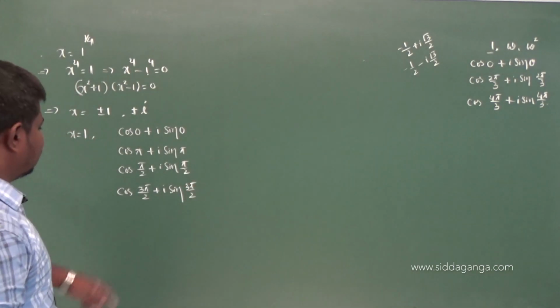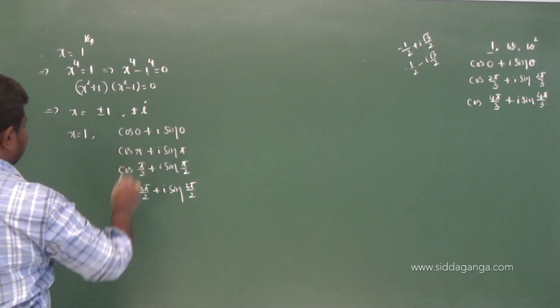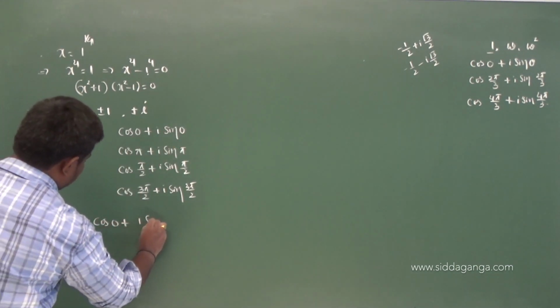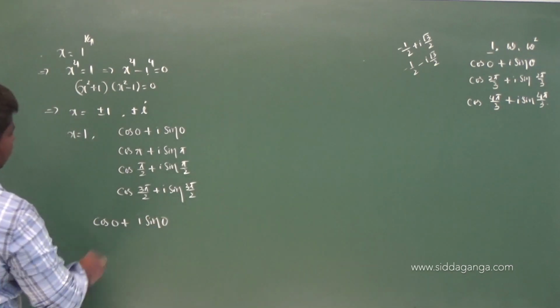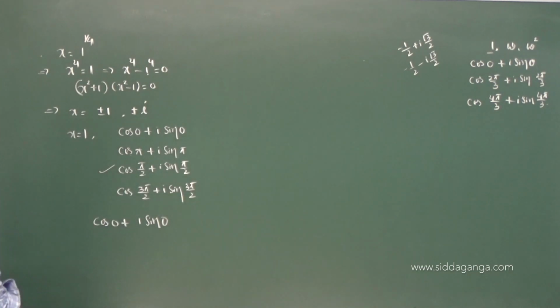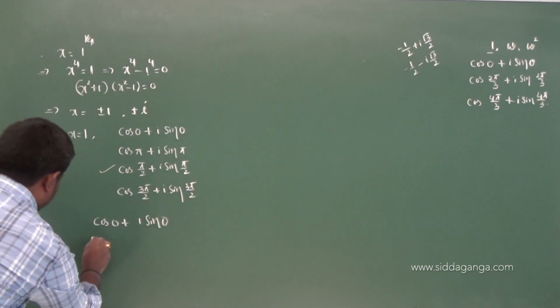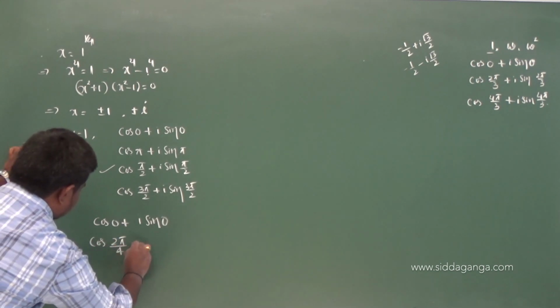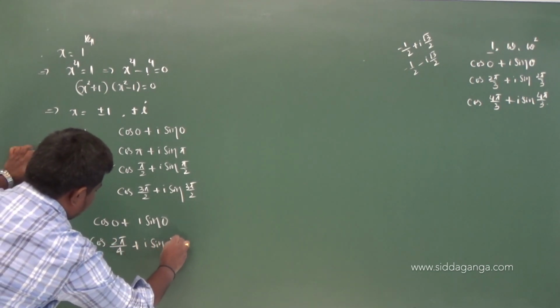So I can rewrite these as cos 0 plus i sin 0 for the first root. The second I am going to write as cos 2 pi by 4 plus i sin 2 pi by 4.